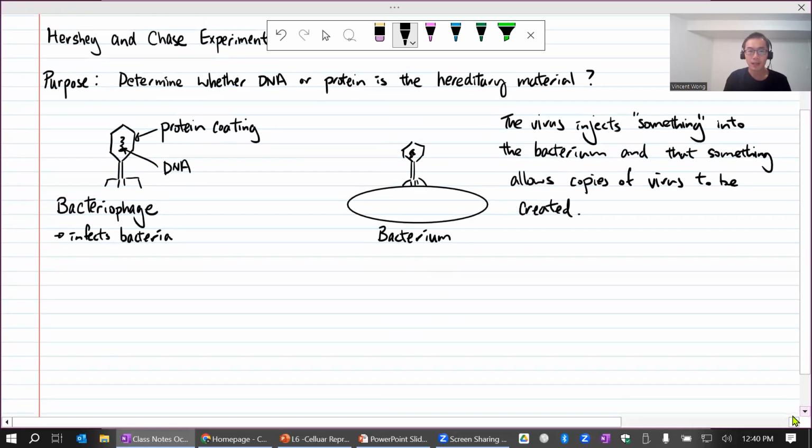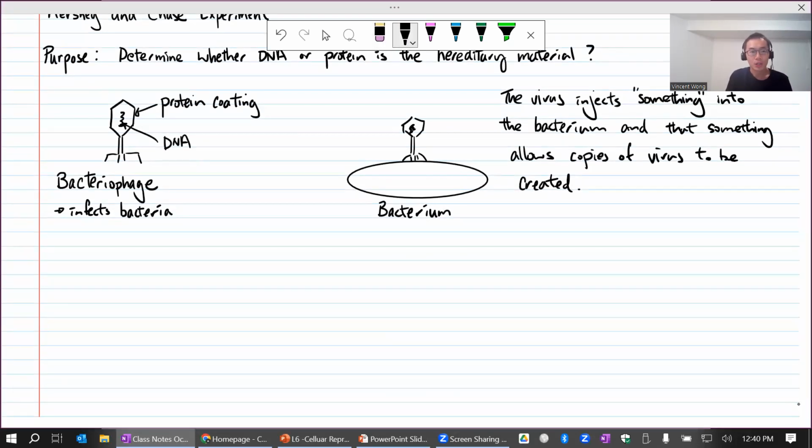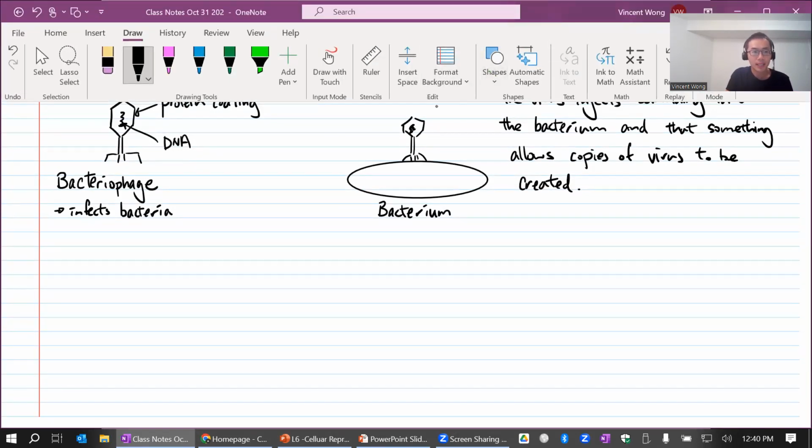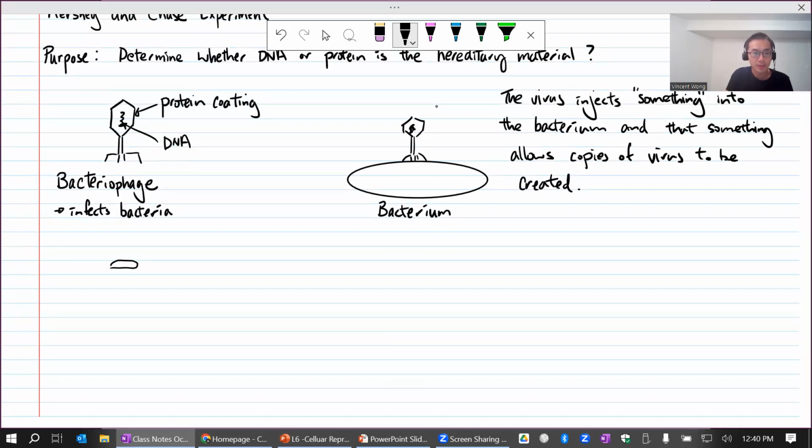They can have a test tube, I guess. This is a test tube. And they let the virus infect the bacteria, and then they take the test tube and spin it down at really high speed.